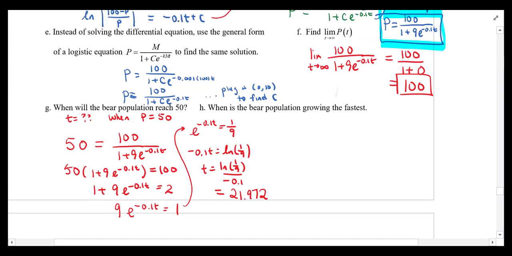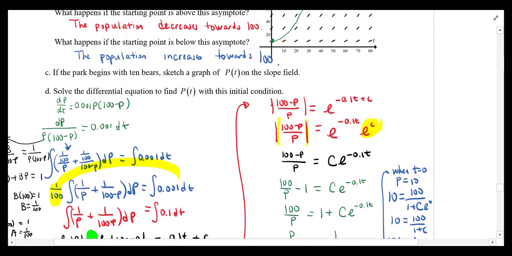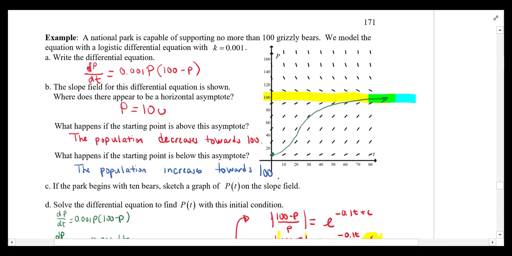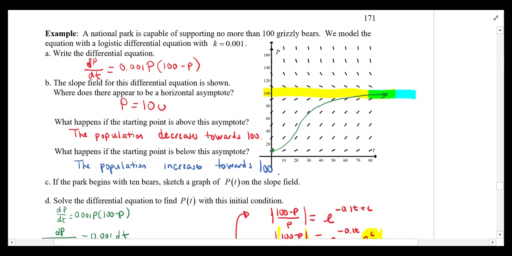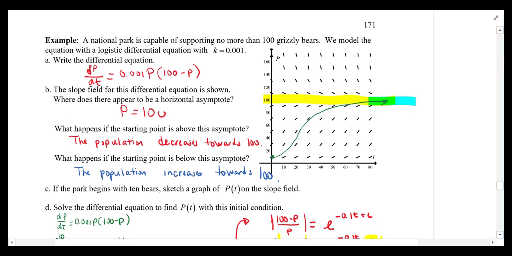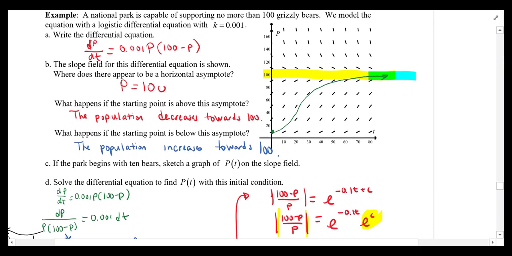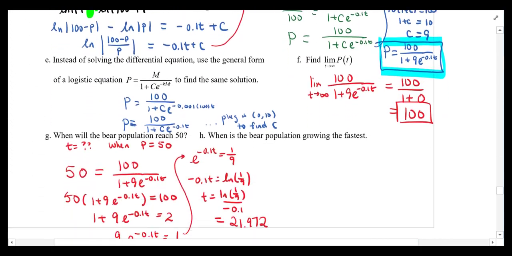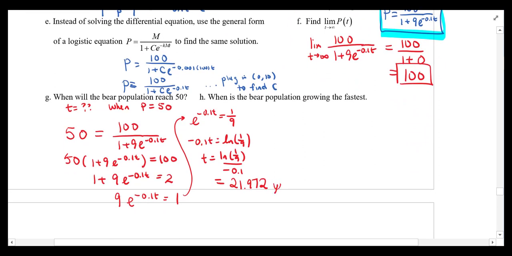What are my units for time again? They're not saying. Let's make it up then. Time is measured in years. So here we go, 21.972 years. Okay.